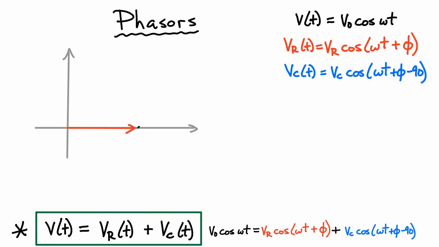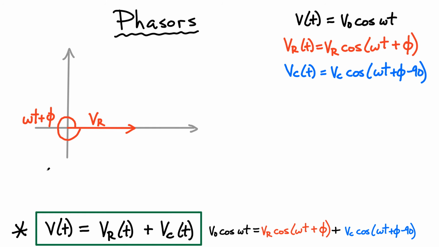So we're going to plot the resistive part, the voltage across the resistor right here, and that has an amplitude VR. So that means that this entire angle, again, the angle is defined from this x-axis, this entire angle here, although it's 360 degrees, this would represent the angle omega t plus phi.